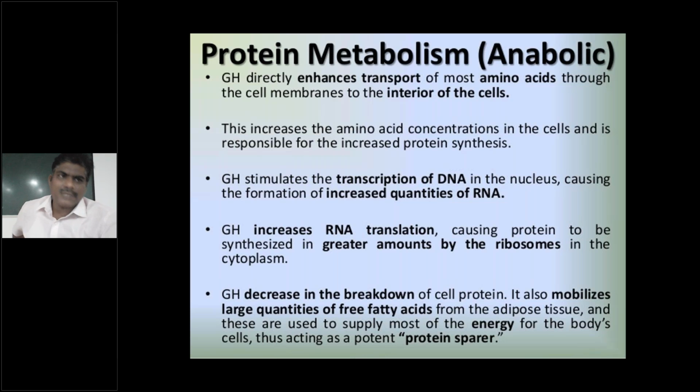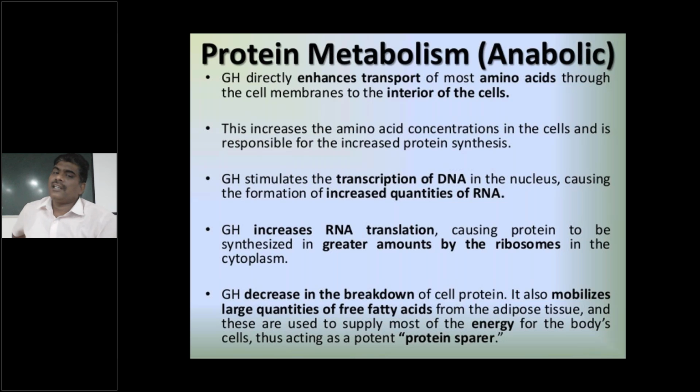So first the expression of the gene takes place. So how is it expressed? Via transcription, the biosynthesis of RNA takes place: mRNA, rRNA, tRNA. And from the transcription, via the translation process, the biosynthesis of protein occurs. So this growth hormone stimulates the transcription of DNA in the nucleus.